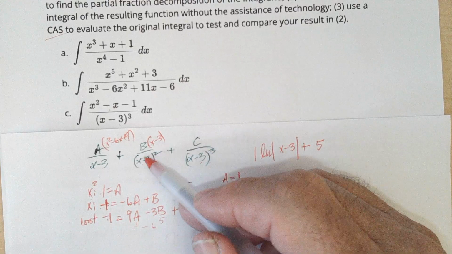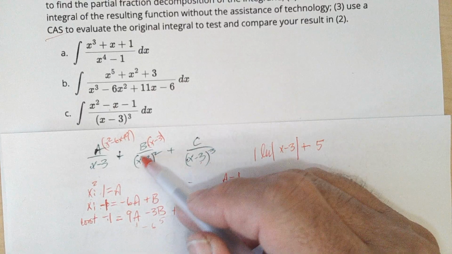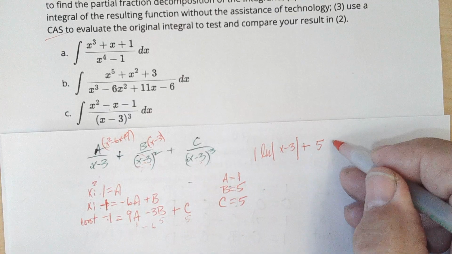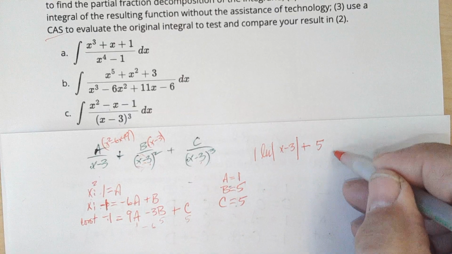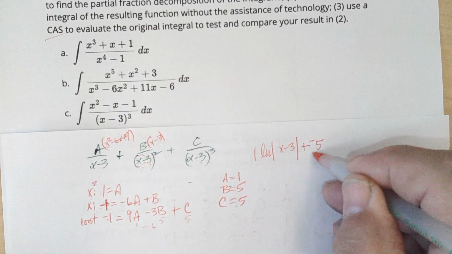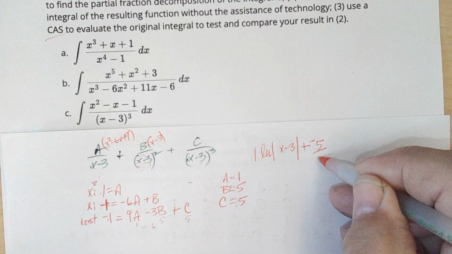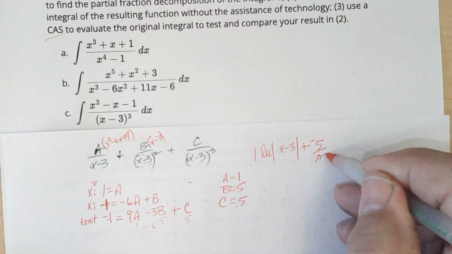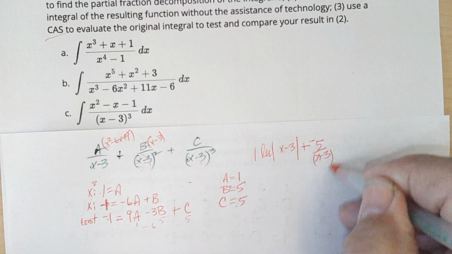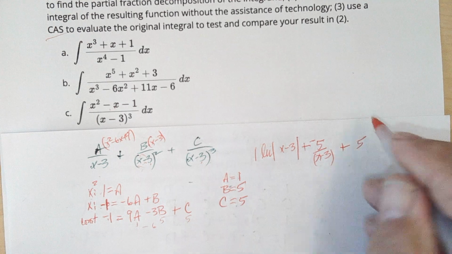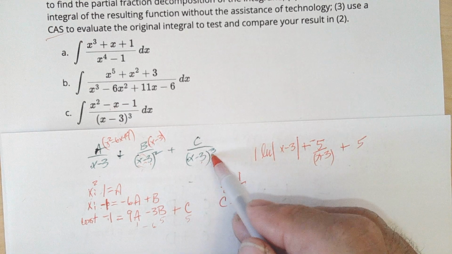And the integral of 1 over x, or u squared, if I do u sub for that, will be u to the minus 1 over minus 1, or minus 1 over u, which is x minus 3, plus 5 over this cubed.